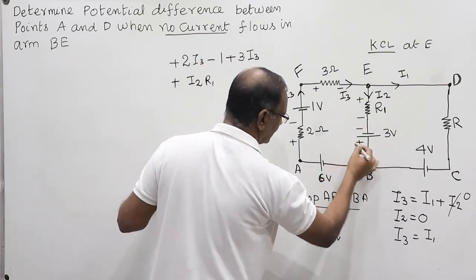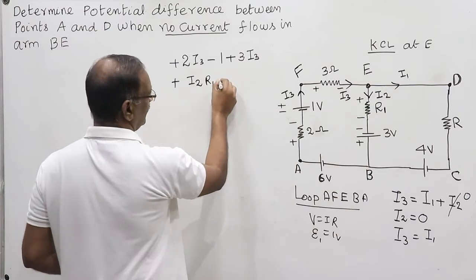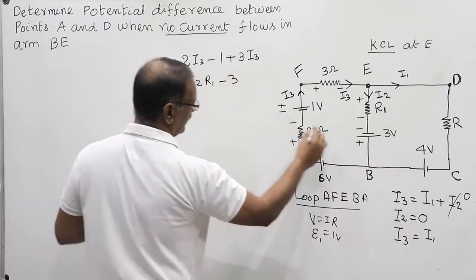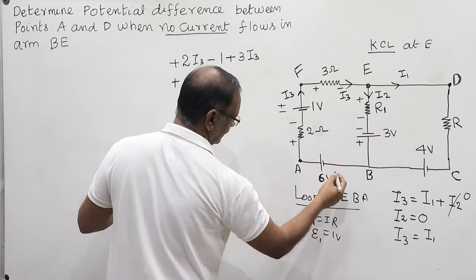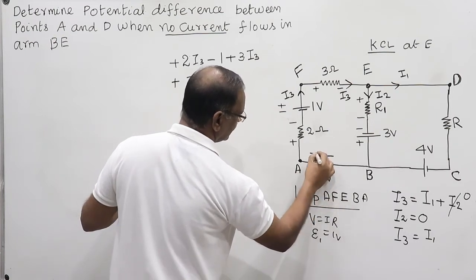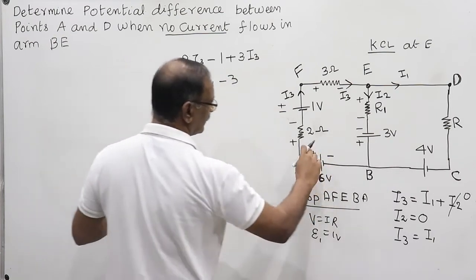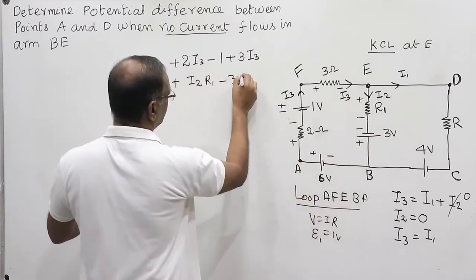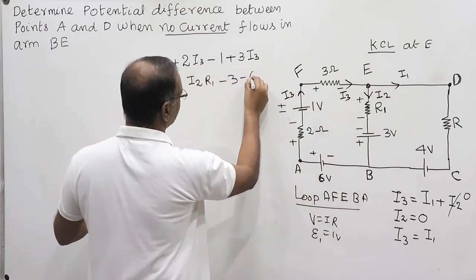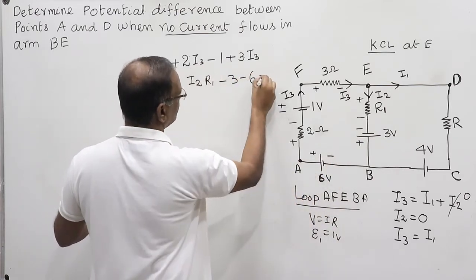Again coming from negative to positive, the EMF is minus 3. Coming here, this is 6 volt, negative to positive, so negative EMF minus 6, and the sum is equal to 0.